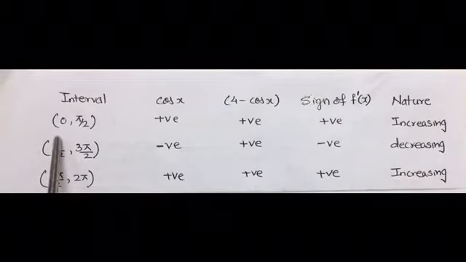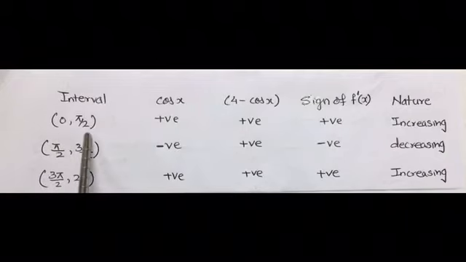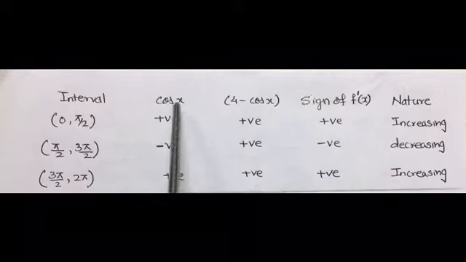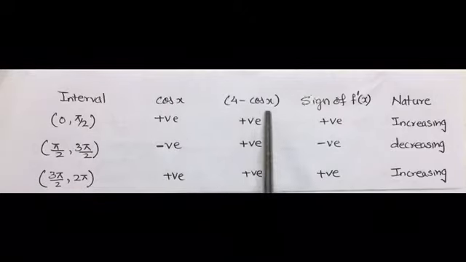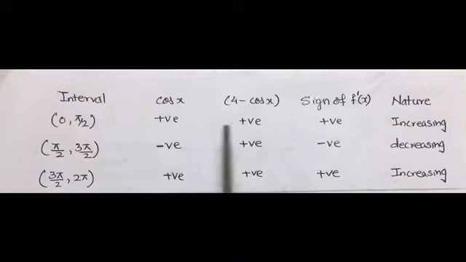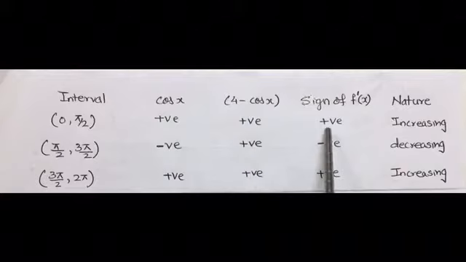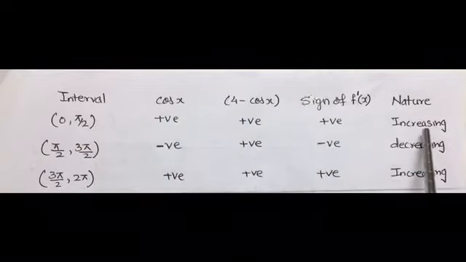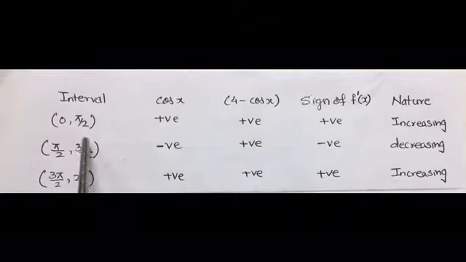Nature consists of increasing and decreasing. Taking up the first interval, 0 to pi by 2, cos is positive. 4 minus cos x always remains positive. So positive multiplied by positive will be positive, so it is increasing in the 0 to pi by 2 interval.